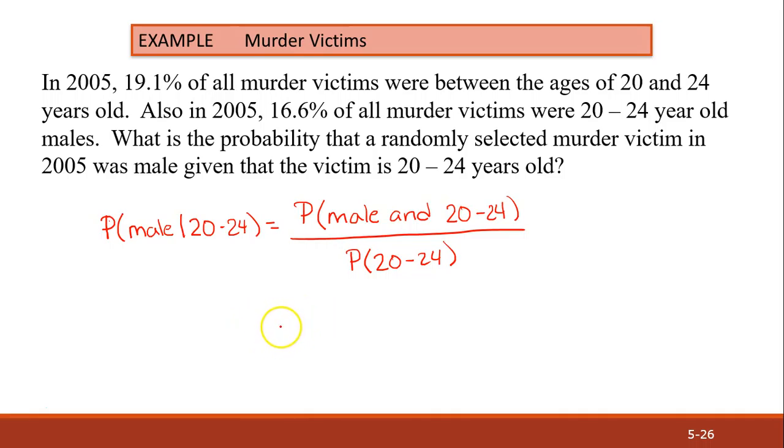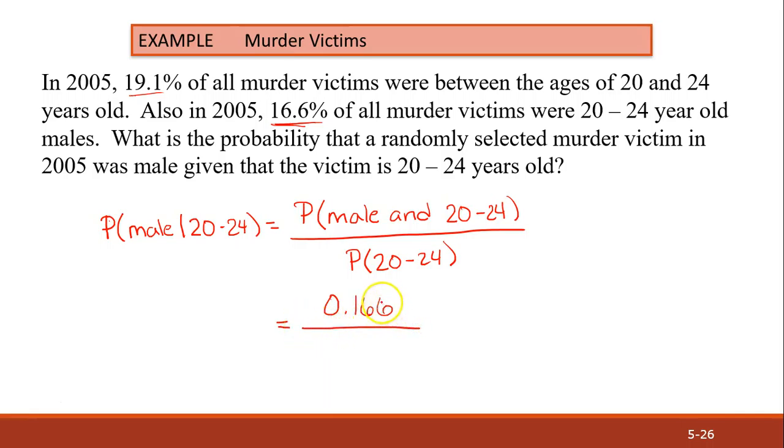Okay, so we take the numbers that are given to us up here and we state this. So the probability that they're male and their age is 20 to 24 is this number right here. So put that in decimal form.